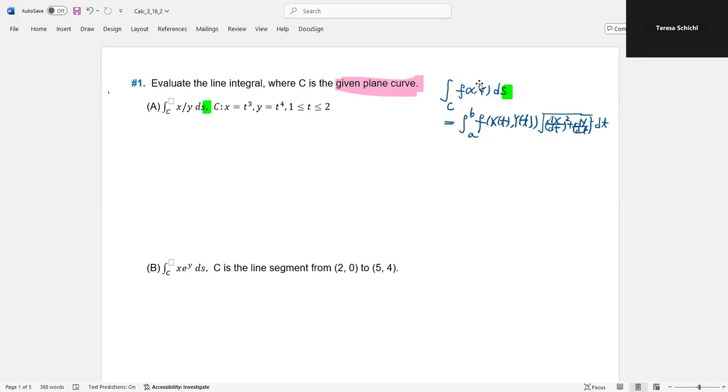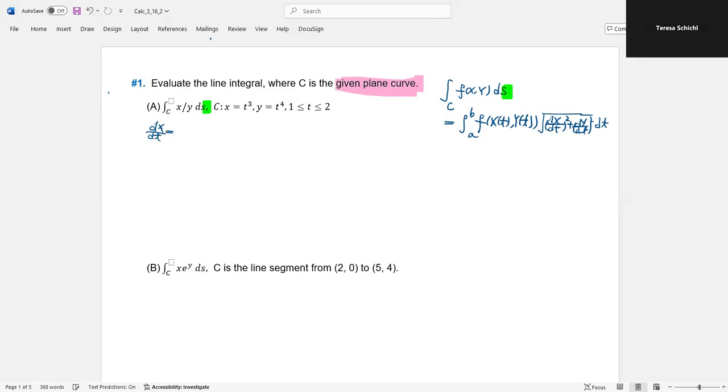For problem number 1, this one is pretty easy because the parametric equations are already given. I know x equals t cubed, y equals t to the 4th.